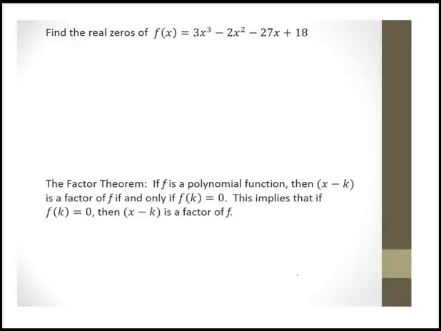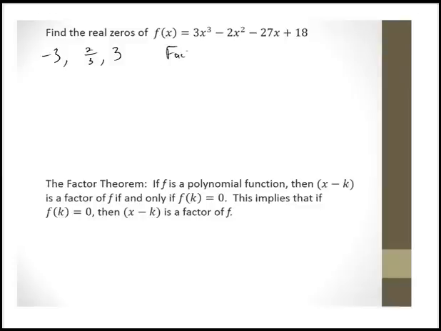Now let's take a closer look at that last example where we're asked to find the real zeros of 3x cubed minus 2x squared minus 27x plus 18. We saw that the real zeros were at negative 3, 2/3, and 3. And we got that from factoring the polynomial. And so what we saw was the factored form, right?